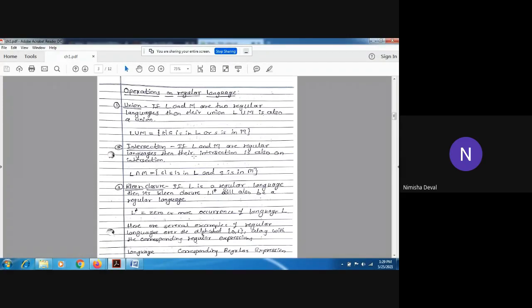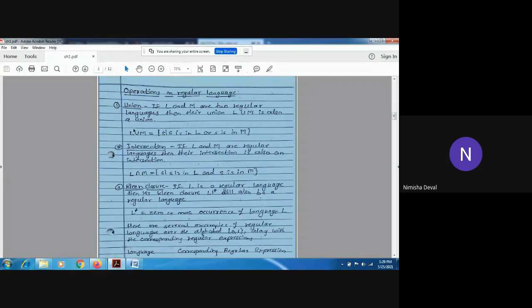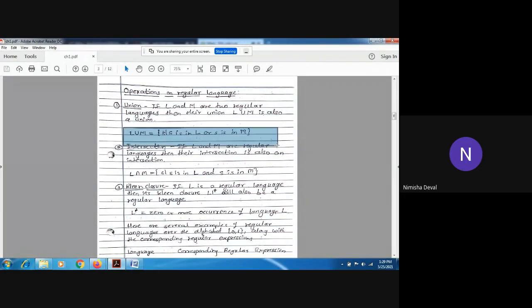First one is the union. Suppose L and M are two regular languages, then the union of L and M is also a regular language. Suppose there is one string S which belongs to L, and another string that belongs to M. If you are taking the union, it means all parts from both sets are taken.